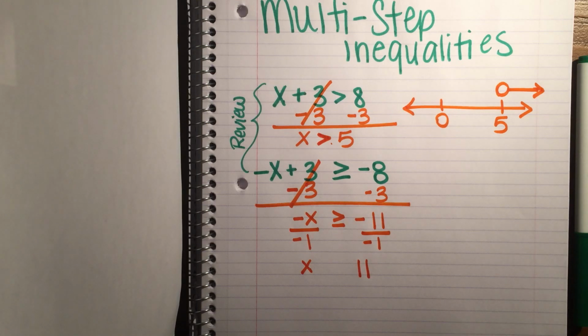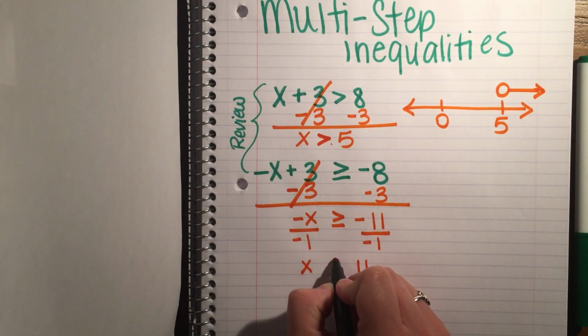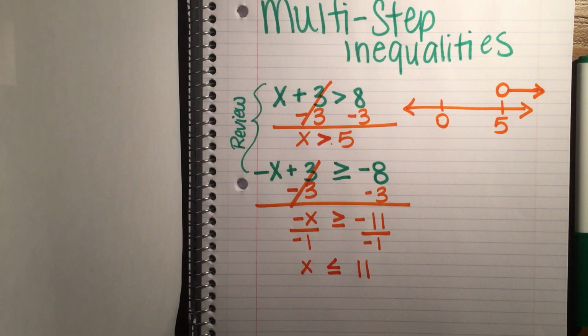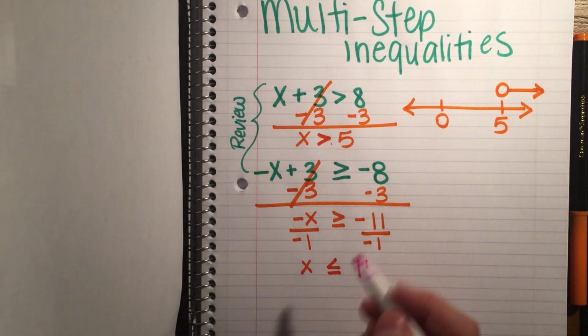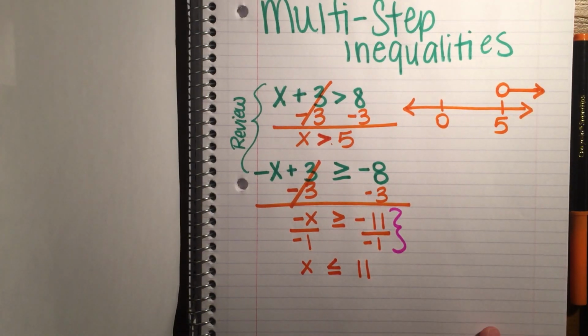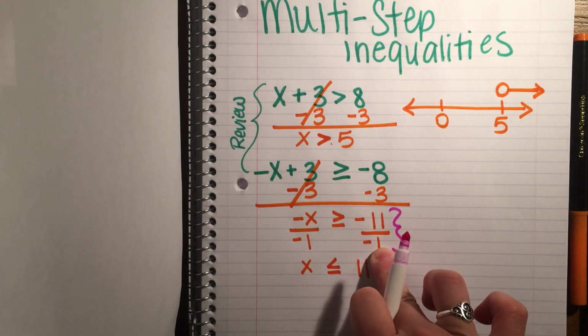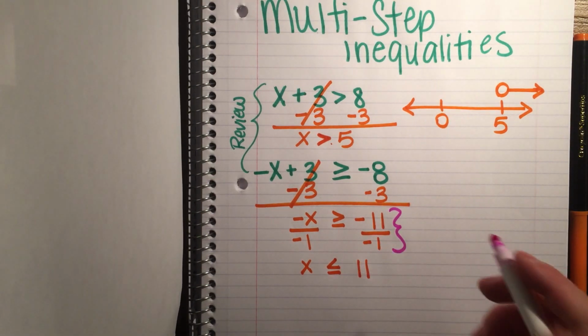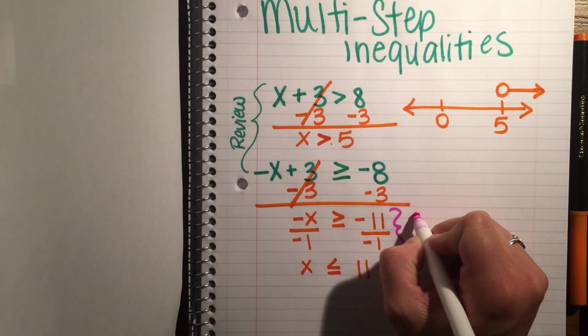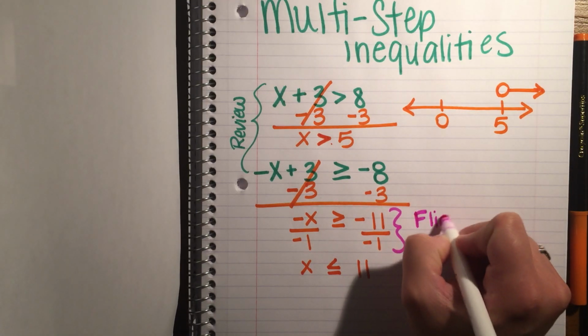And my golden rule of solving inequalities is I have to flip my inequality sign. Why? Because at this last step, when I divided by negative 1, I divided by a negative, so I flip my sign.